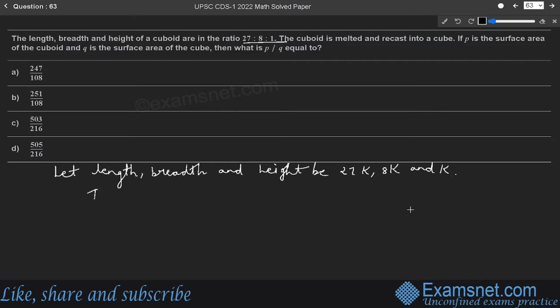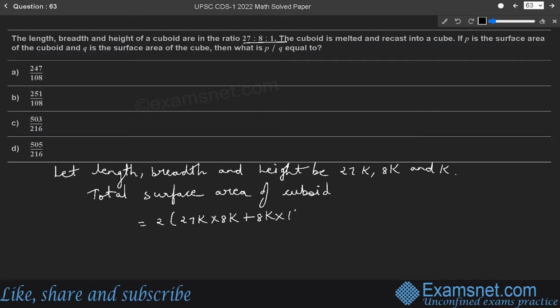Therefore, the total surface area of cuboid will be equal to 2 into 27K into 8K plus 8K into K plus K into 27K.